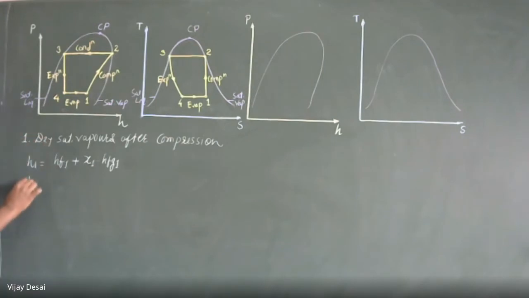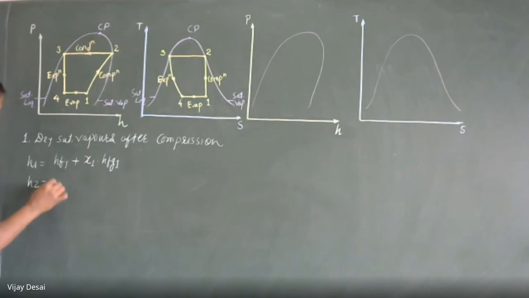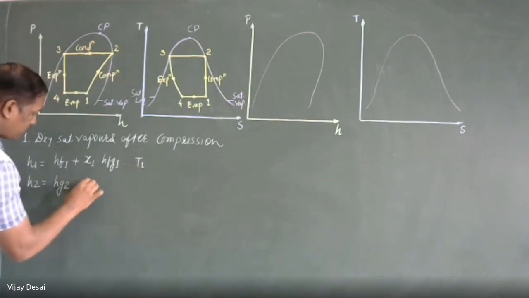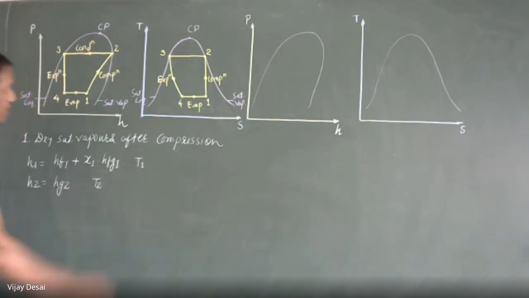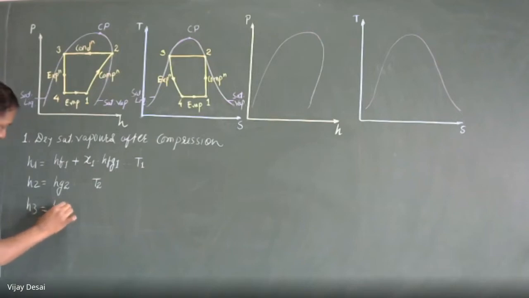Then for H2, enthalpy at point 2, it is on the dry saturated vapor line, so it is nothing but Hg2. This is at T1 temperature and this is at T2 temperature. H3, enthalpy at this point, which is on the saturated liquid line, so it will be HF3 and it will be calculated at T3 temperature.